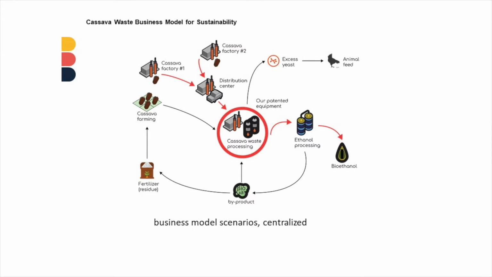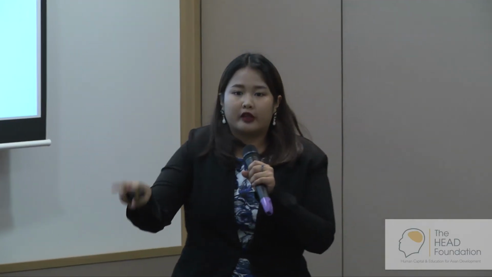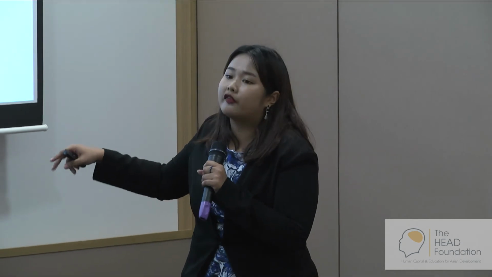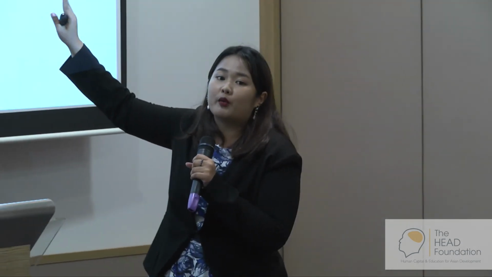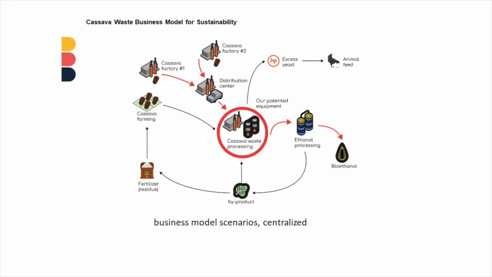The first business model is centralized. The centralized model is when the cassava processing factory is nearby. So we centralize our cassava waste processing, buy from that factory, and then process it to get bioethanol. Not only bioethanol, we also get biogas as a byproduct.